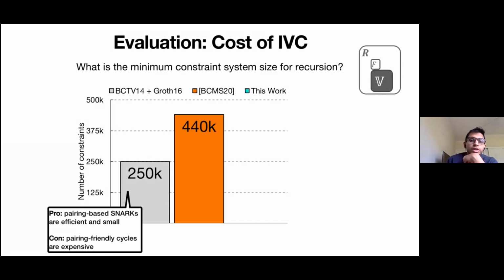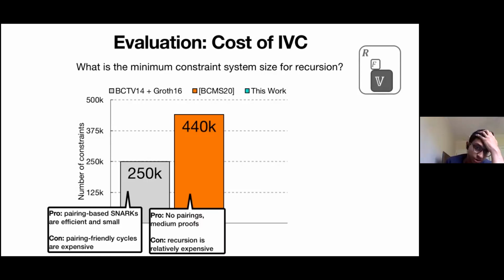So the benefit is that at the end you get a very small SNARK, and it's generally efficient to compute the proof, but these pairing-friendly cycles, the MNT cycle, are quite expensive. Okay, so then we also implemented the BCMS20 / Halo approach, without the optimizations that the Halo folks have been doing, so it's somewhat an upper bound on the cost. The nice things are you don't have any pairing, so that reduces the complexity.